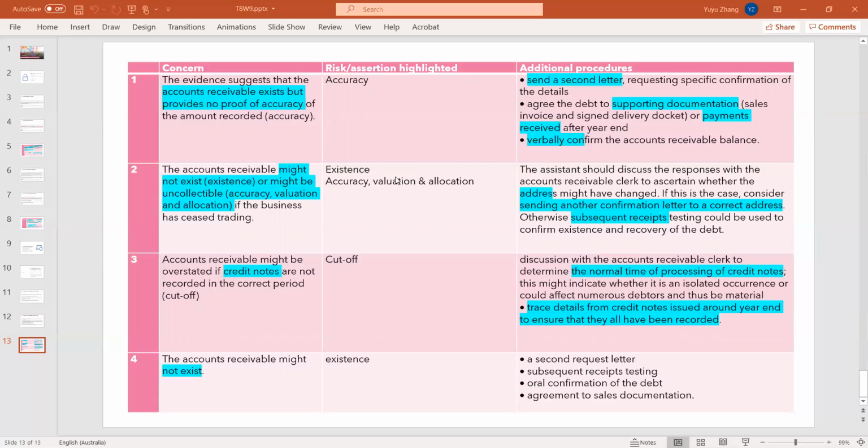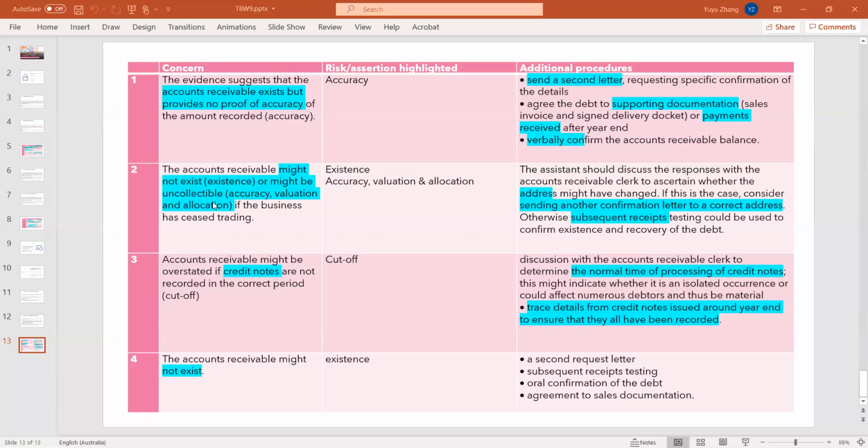So here that is additional procedures to ensure the evidence is sufficient and appropriate, right? So you are going to send a second letter requesting confirmation again. Otherwise, you could agree the debt to supporting documents or payment receipts after the year end, or you could also confirm the account receivable balance verbally with the debtor. For example, you call them, right?